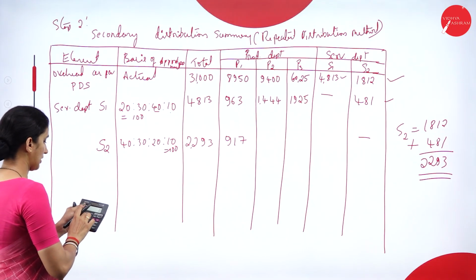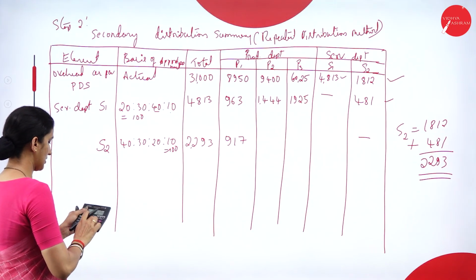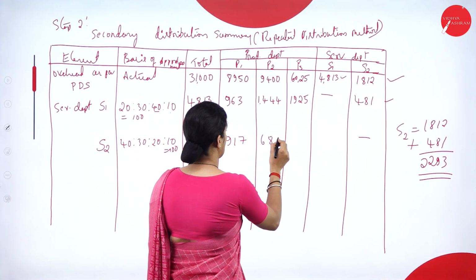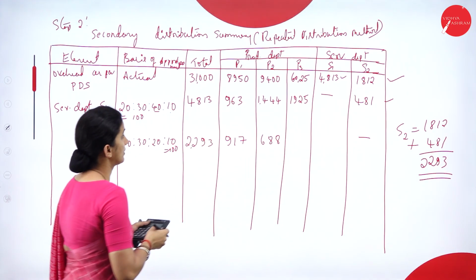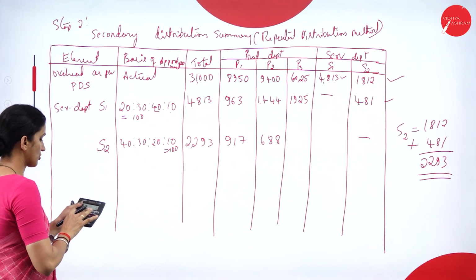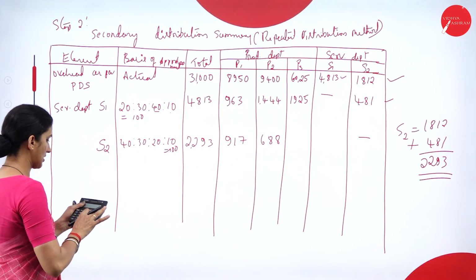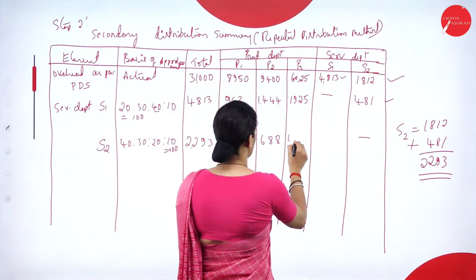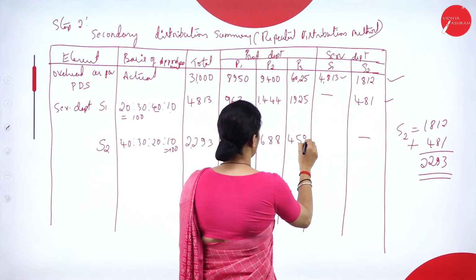Then 2,293 into 30 divided by 100 is 688. Then for P3, 2,293 into 20 divided by 100 is 459.